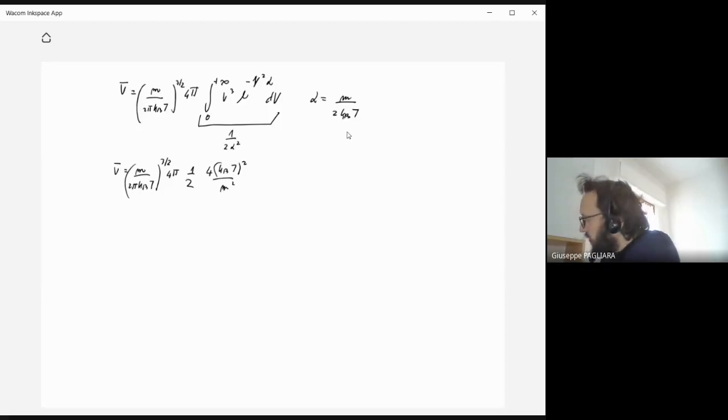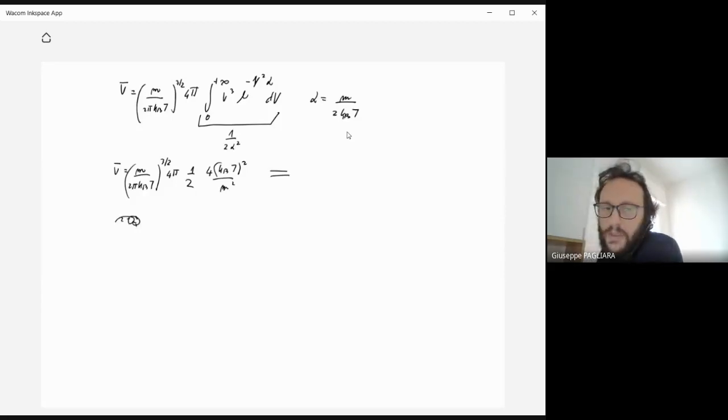Okay. Now, if you work out a little bit this square root and this 3/2, you see that there is a kBT squared at the numerator and a kBT to the 3/2 at the denominator, which will be 2 minus 3/2, which is 1/2.